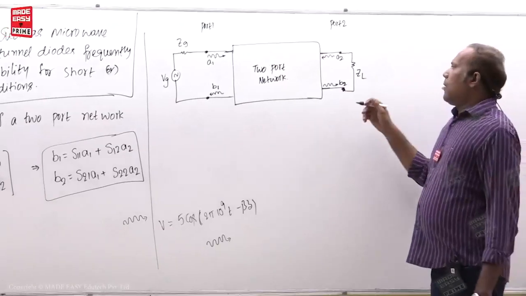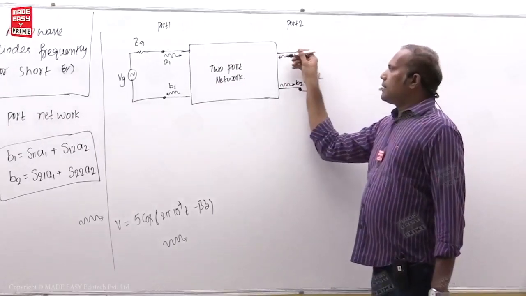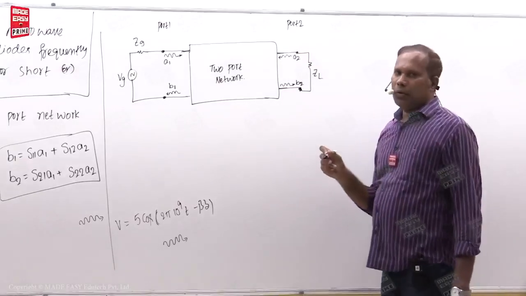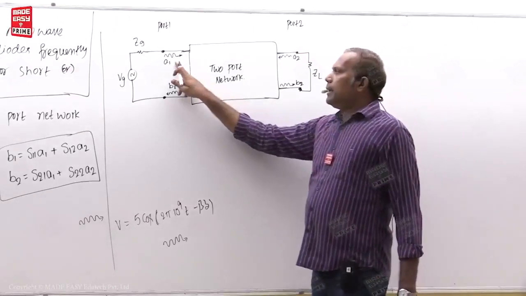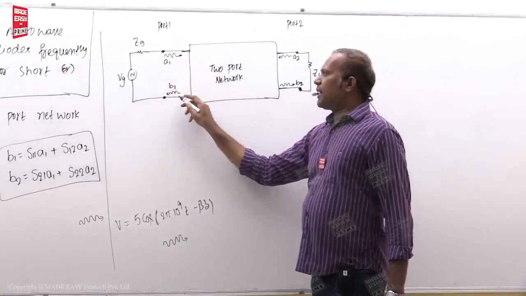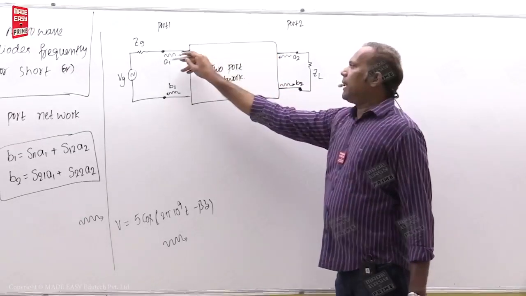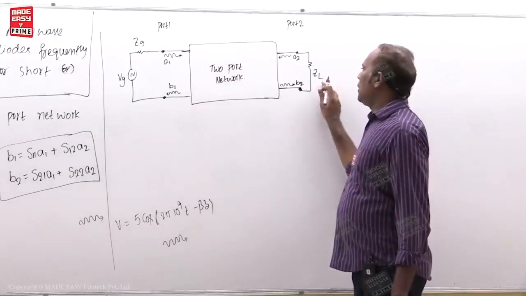Now what is the reason that this incident wave is present at port 2? The answer is, there is an incident wave at port 1. Out of that, something is reflected and something enters the two-port network. When it enters, it travels to the load.